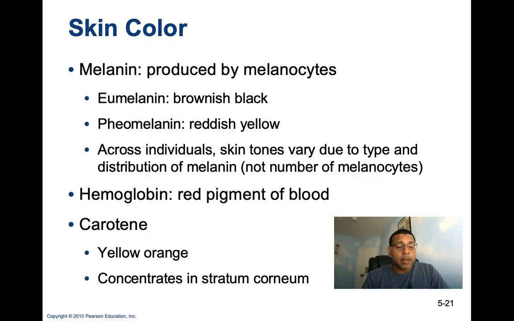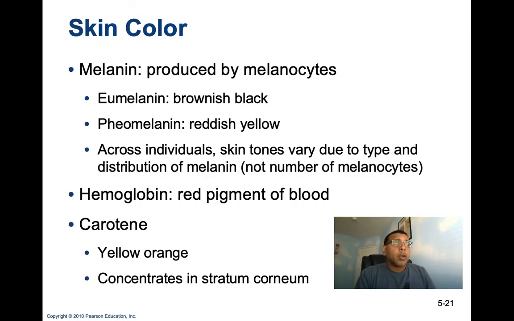Melanin, you can see, has a couple of different subtypes, eumelanin and pheomelanin. Eumelanin is a brownish black pigment, and pheomelanin is more of a reddish yellow pigment. Now, a lack of melanocytes leads to the skin tone not being there.